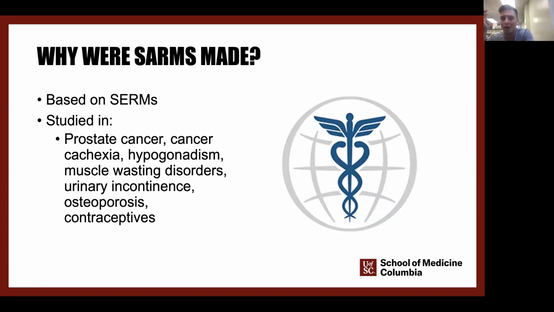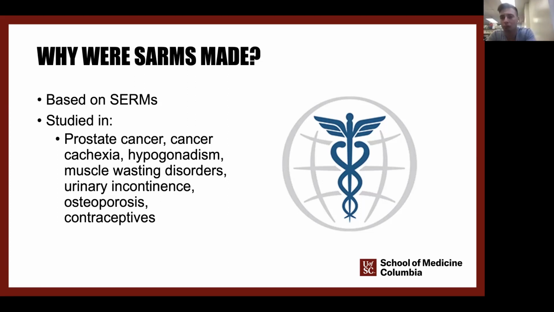Does anybody know any selective estrogen receptor modulators by chance? You said Clomid. I mean, potentially, yep. If you have family members that maybe had breast cancer or something of that nature, you might have heard of Clomid or clomiphene. You might not know those medications either.